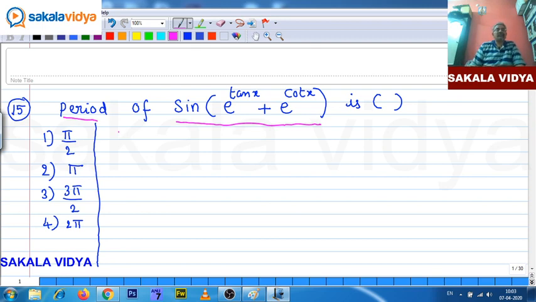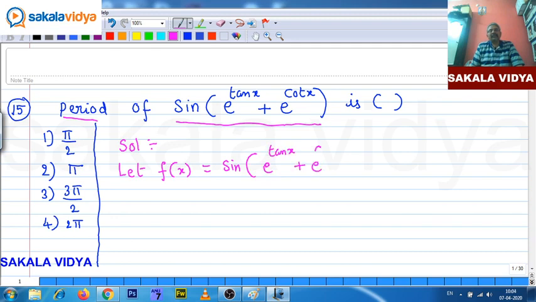So let us check it now, whether pi by 2, if f of pi by 2 plus x is equal to f of x, then pi by 2 will be obviously its period. So that means now we need to check it. Let us check it. So first let us consider this one as f of x. So f of x is equal to sine of e power tan x plus e power cot x.